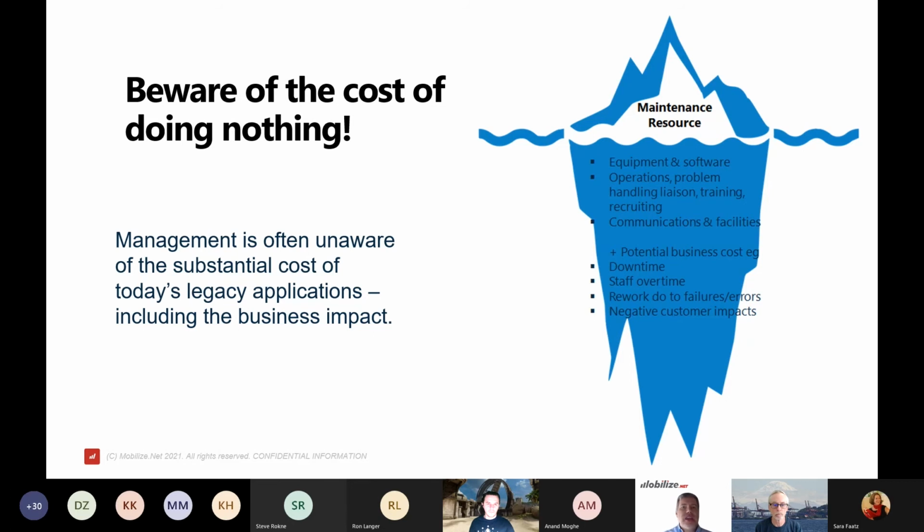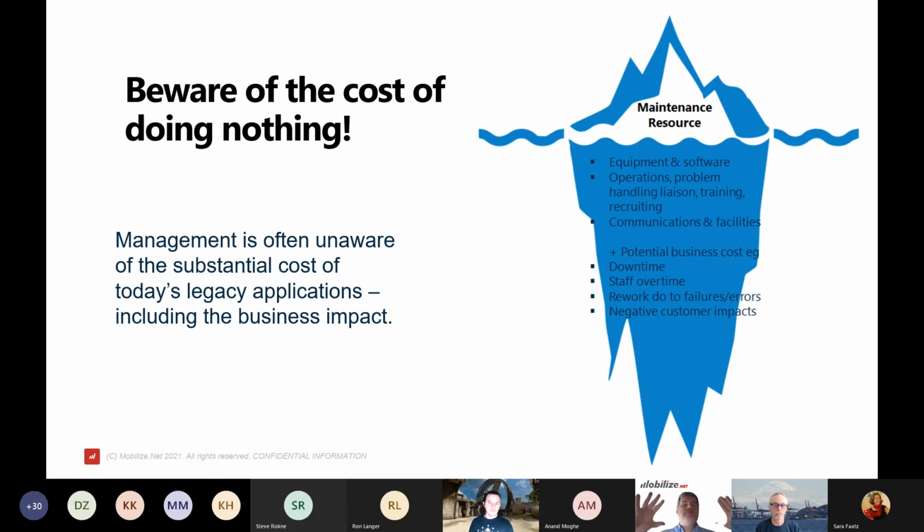Because whenever we think about an application, we always think about the cost of maintaining it, maybe the two developers that are devoted to that. However, there are many more things that people don't see. This is like an iceberg effect, right?